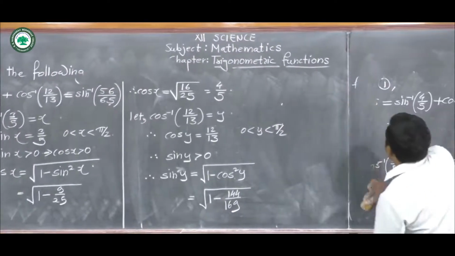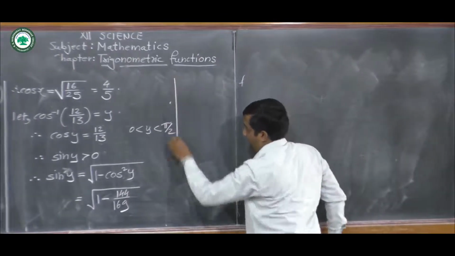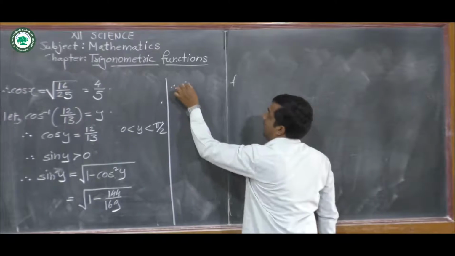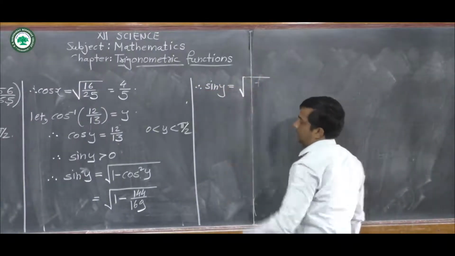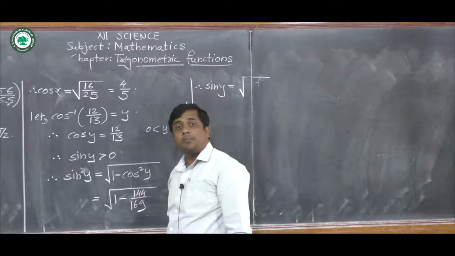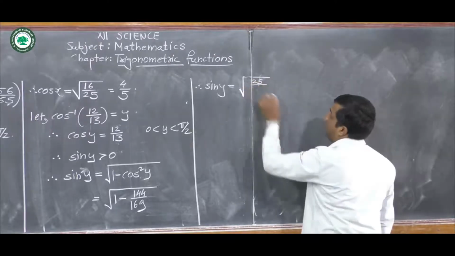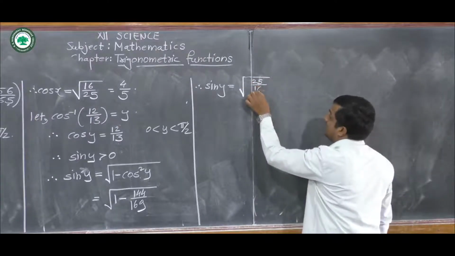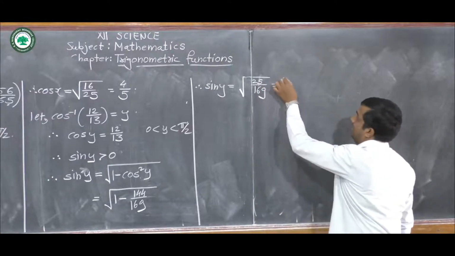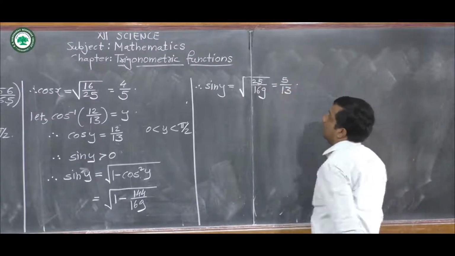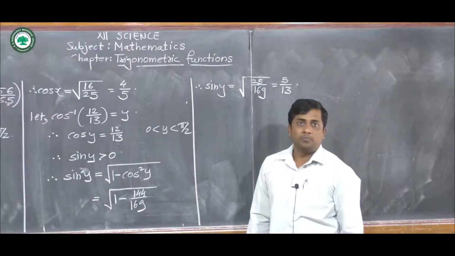Then sin y is equal to the square root of 1 minus 144 upon 169, which is 25 upon 169, and the square root of 25 upon 169 is 5 upon 13. We consider the positive value since sin y is greater than 0.